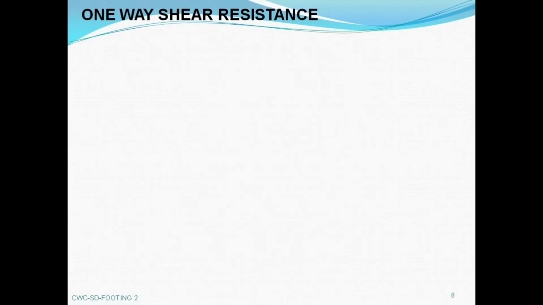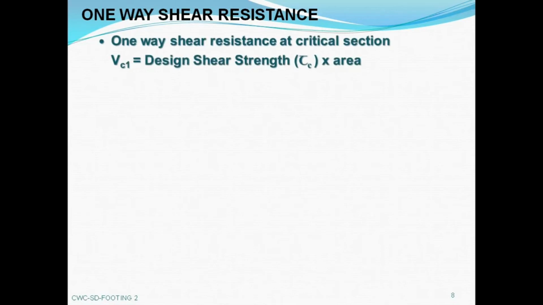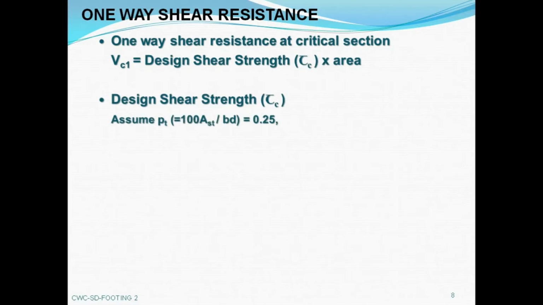Next step is the calculation of one-way shear resistance. One-way shear resistance at critical section, that is Vc1, is equal to design shear strength into area. In order to calculate the design shear strength, tau c, we have to assume percentage of reinforcement pt. Let it be equal to 0.25.